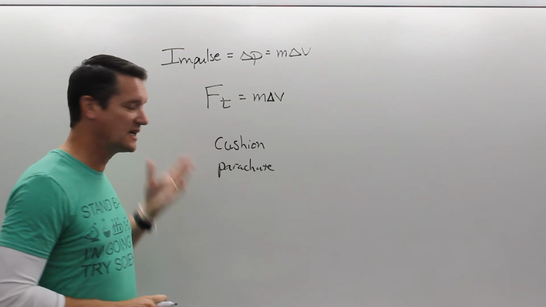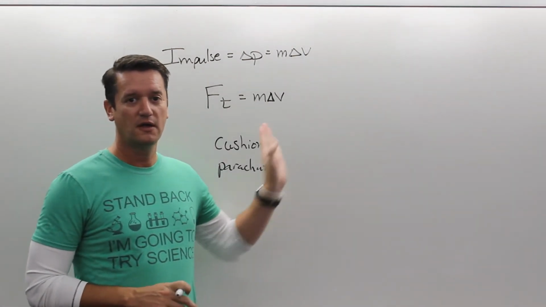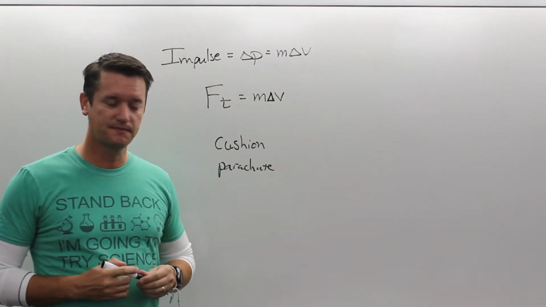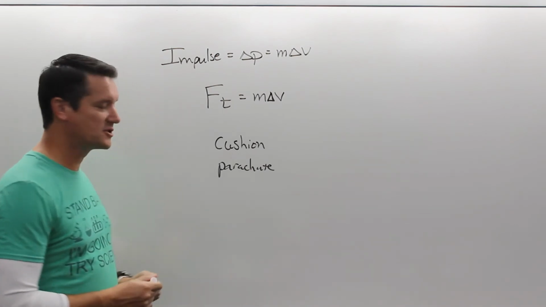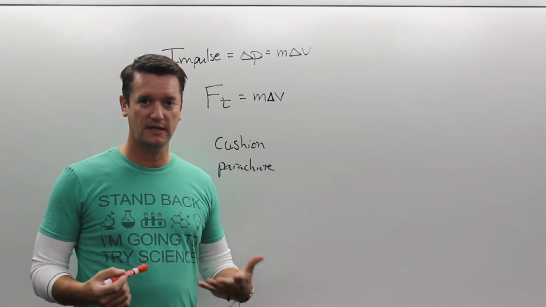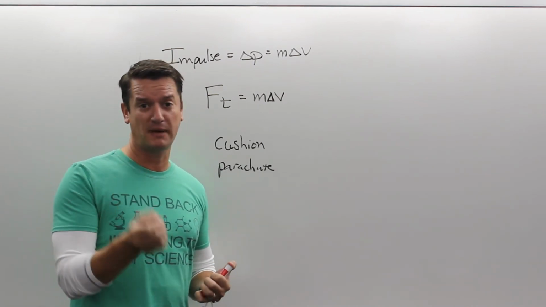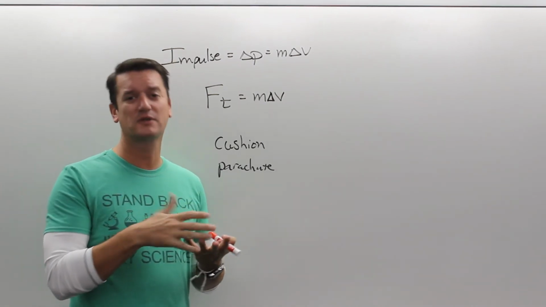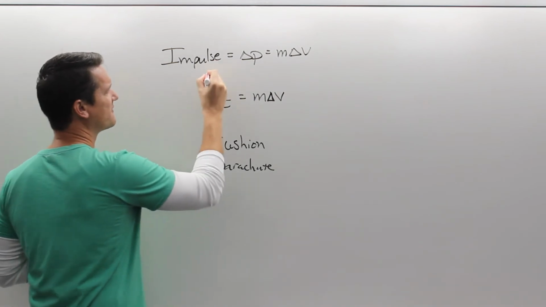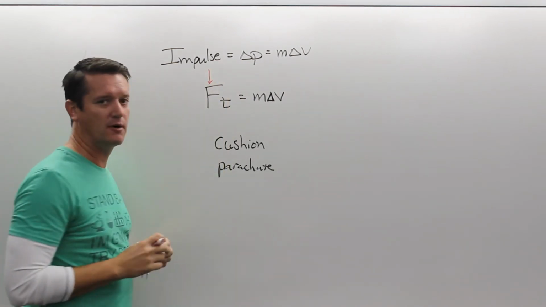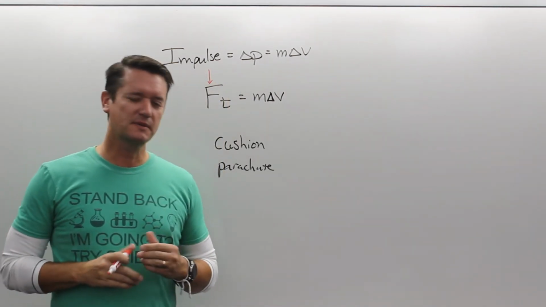So these two things actually involve the idea of impulse. So in impulse, your goal here in the egg is to make the force on the egg as small as possible. You want the tiniest force, that way it won't break. So you want this force to be really small. So what are some things that you can do?